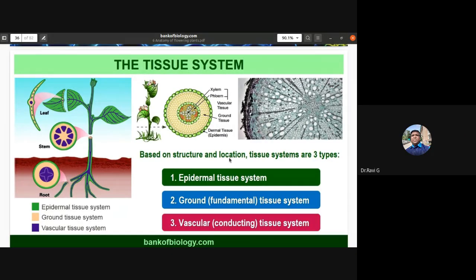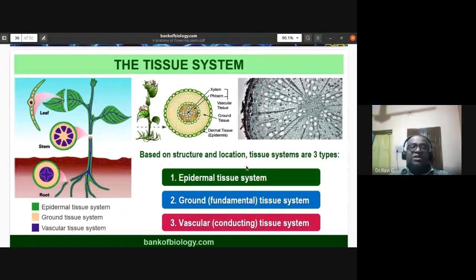Based on the structure and location, the tissue systems are of three types: the epidermal tissue system, towards the periphery, the ground or fundamental tissue system, and the vascular or conducting tissue system.